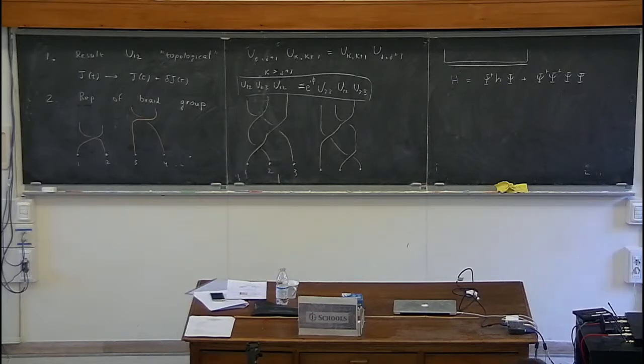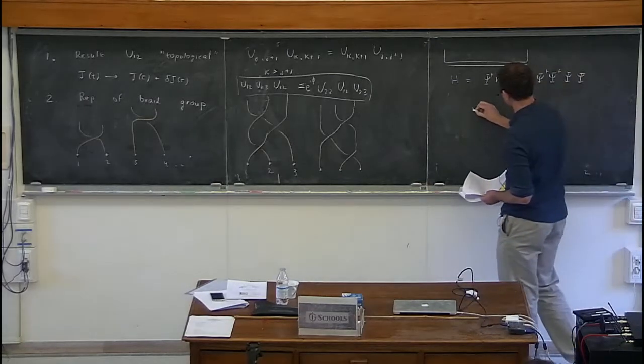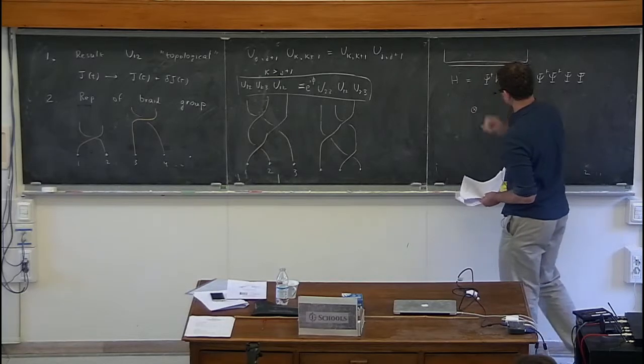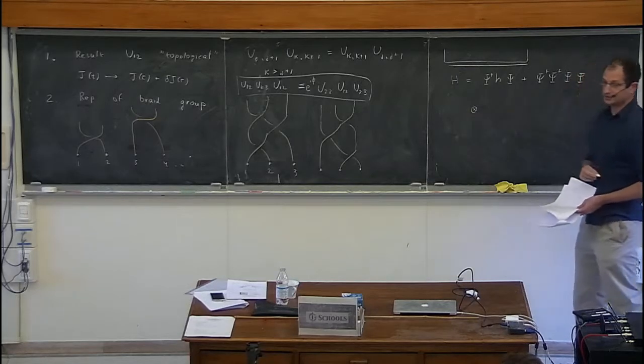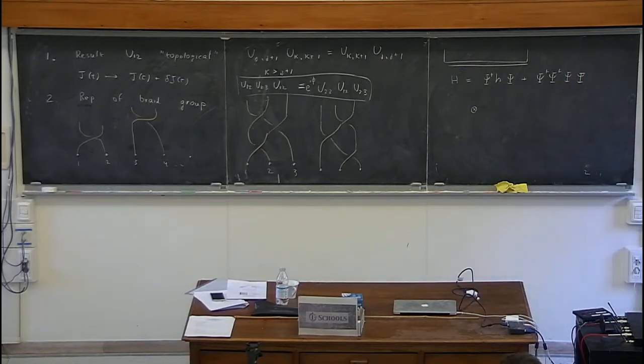This generalizes the notion of the vortex in a p plus ip superconductor. The p plus ip superconductor itself is not a non-abelian phase, it's just a superconductor. But the defect in it, which is this vortex, carries a zero mode which has non-abelian properties. I'll generalize that notion to other states, like Laughlin abelian quantum Hall states.